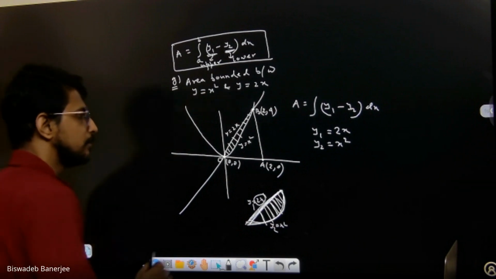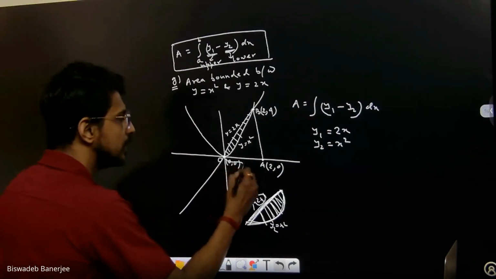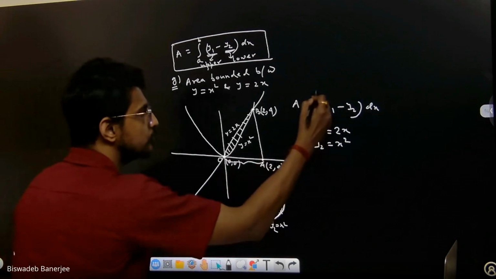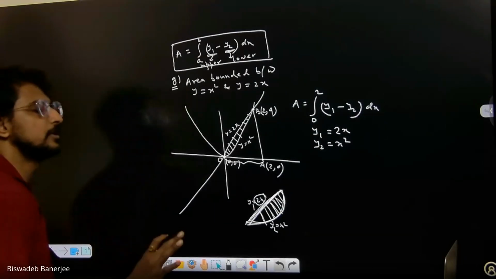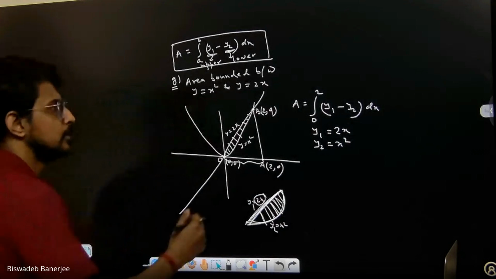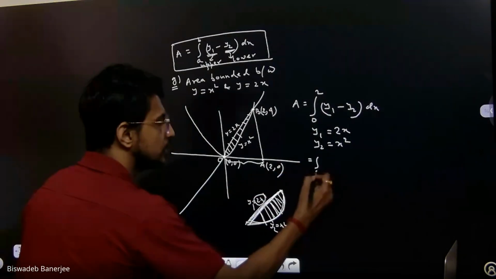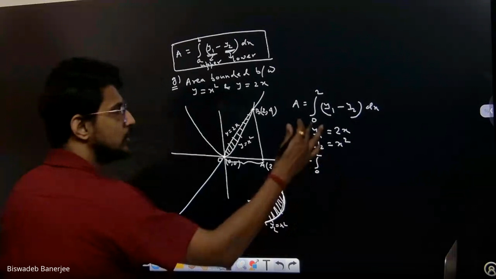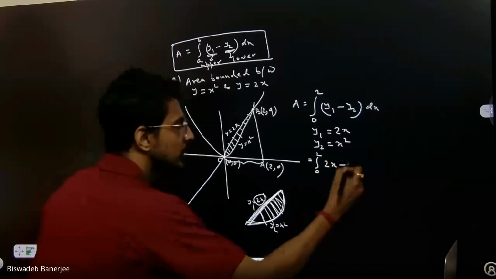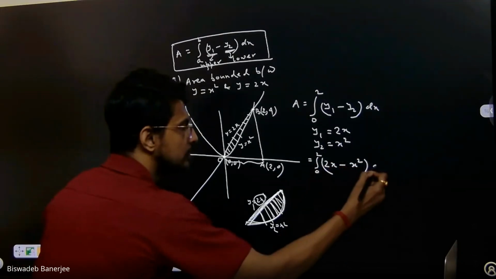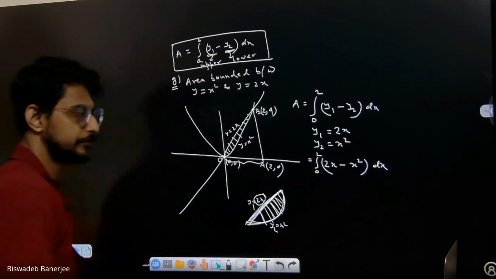And my x ranges from 0 to 2. So this is the idea of this question. So the area is equal to the integration from 0 to 2 of (2x minus x squared) dx.